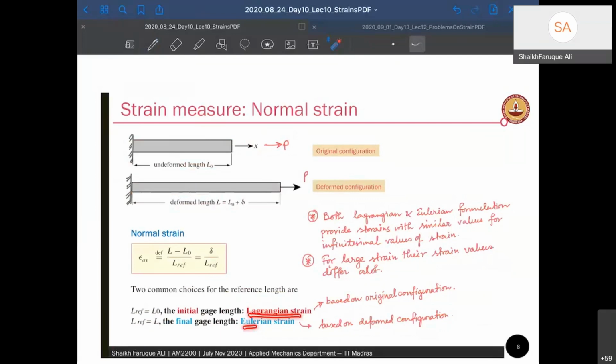Why do we need the deformed length? Because in many problems, we know the final state. We don't know the initial state. Many problems, especially in fluid mechanics, it happens. Even if I have to understand how much strain the earth has gone through, I have no idea how it started, right?